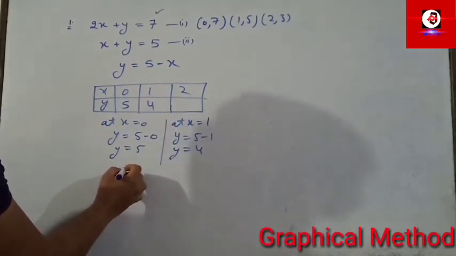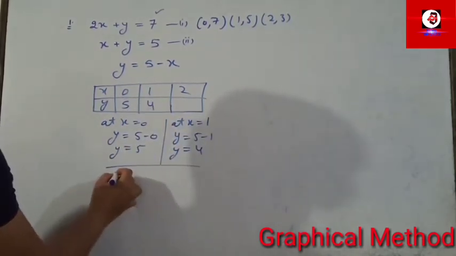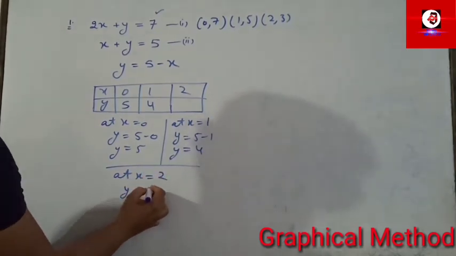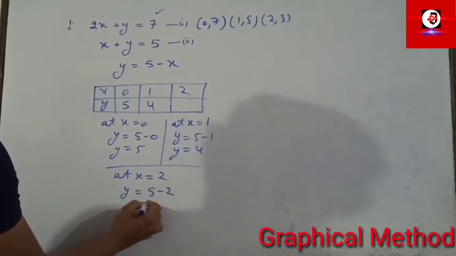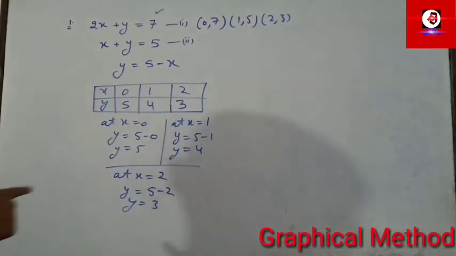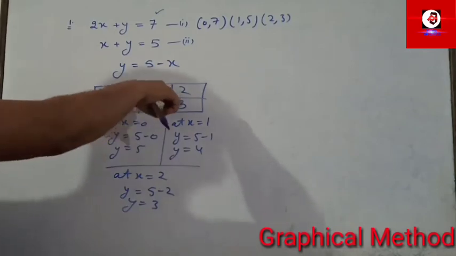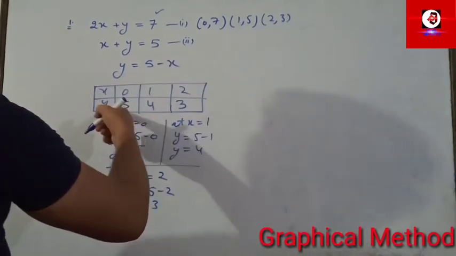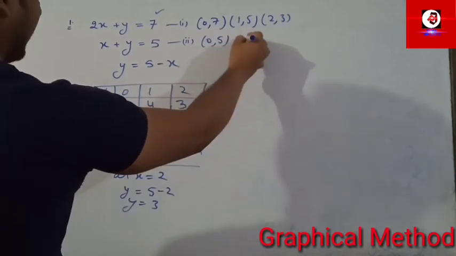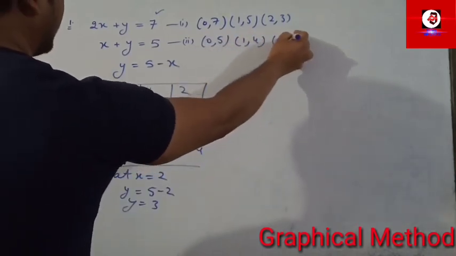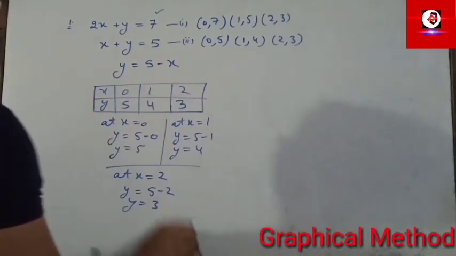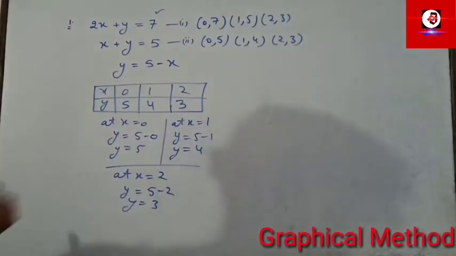At x equal to 2, y is 3. So the coordinates for the Cartesian plane are 0, 5, 1, 4 and 2, 3.